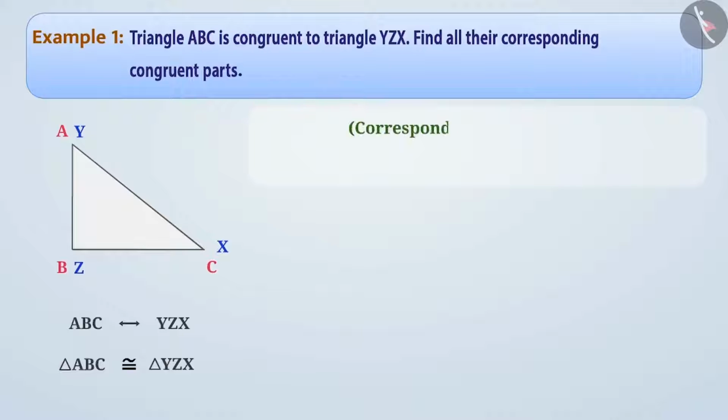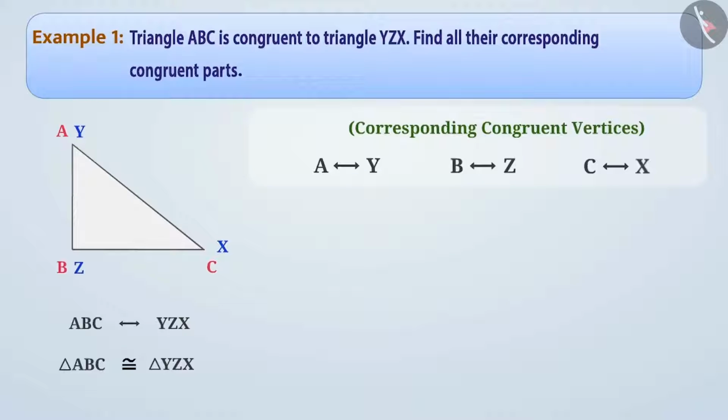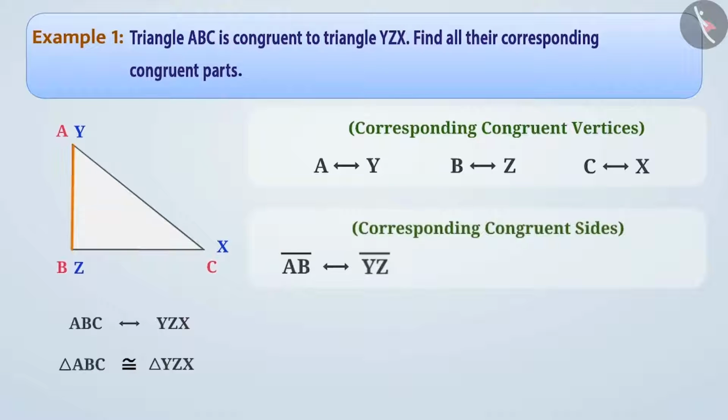Hence, the corresponding congruent vertices are A is matching with Y, B is matching with Z, and C is matching with X. When the arms AB, BC, and AC of triangle ABC are kept over YZ, ZX, and YX of triangle YZX, then they cover each other completely. So the corresponding congruent sides of the two triangles are AB is matching with YZ, BC is matching with ZX, and AC is matching with YX.